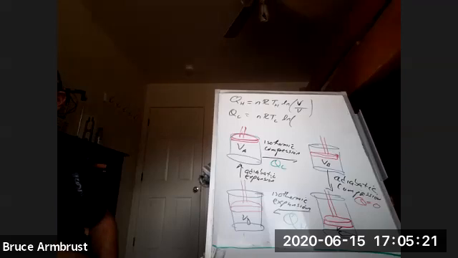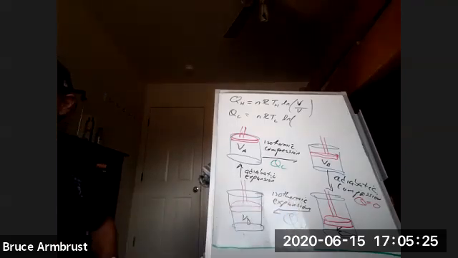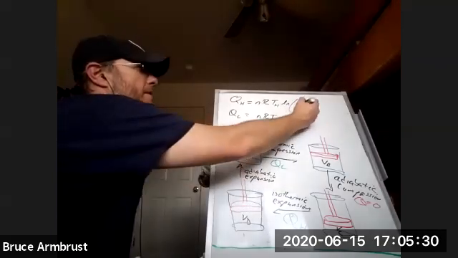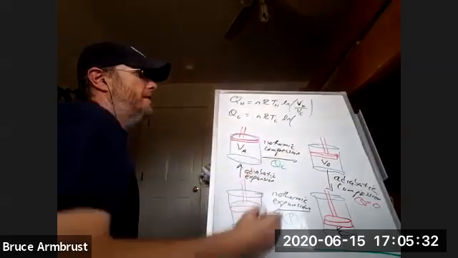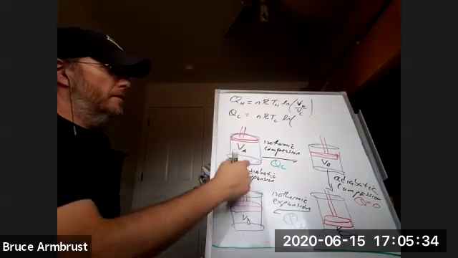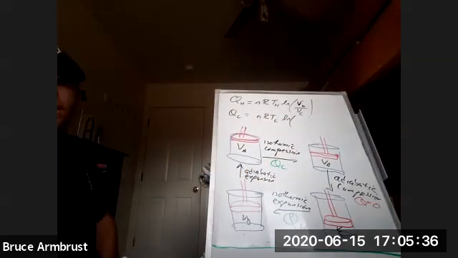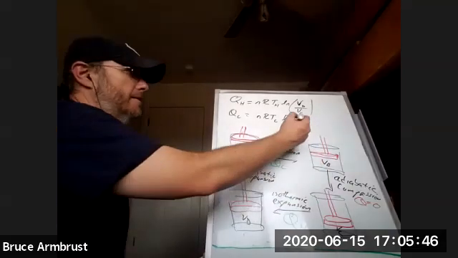So for the Q hot, we're going from VC to VD. So that means this is going to be natural log of VD over VC. And then for the cold heat, that natural log, we're going from volume A to volume B. So that's going to be VB over VA.